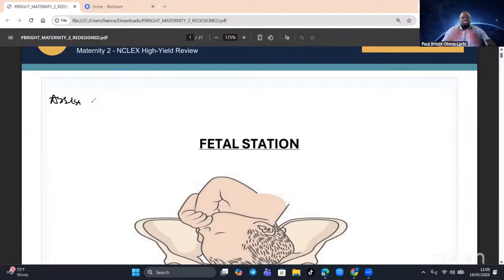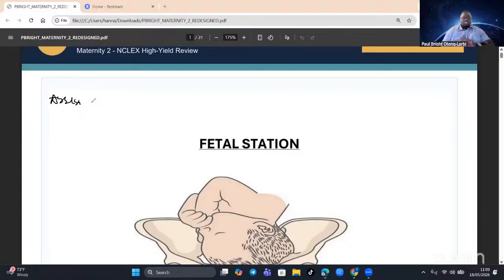Okay. We did the pregnancy journey. We were able to assess our fundal height. We were able to know the obstetric histories, where we use the GTPAL system, where everybody who joined is able to calculate the estimated date of delivery.